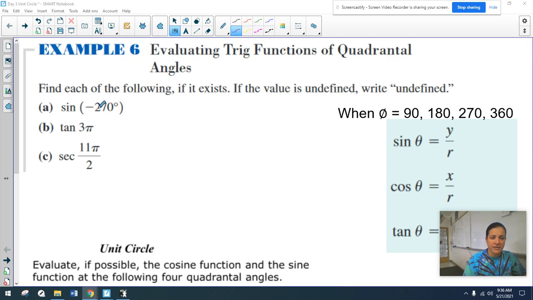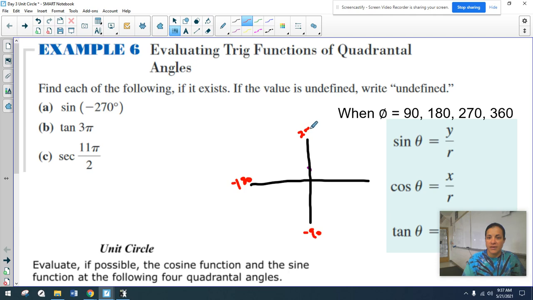So if we're talking negative 270, let's make an XY axis here. And for counting purposes, if you have trouble remembering which is negative, down is negative. So if you're doing that, then this will be negative 90, and then negative 270 and negative 360.